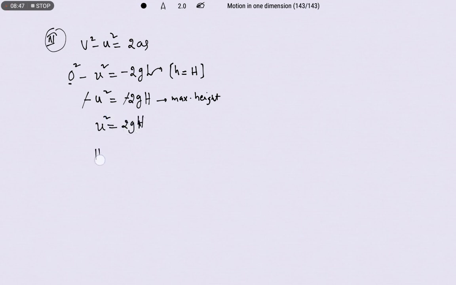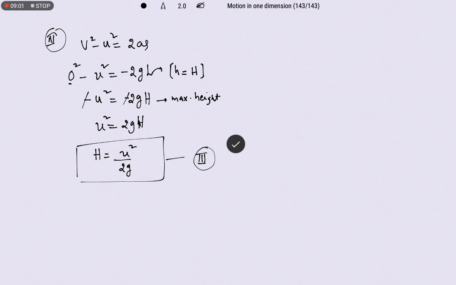Therefore the maximum height reached by an object when it is thrown in the vertically upward direction, H equals u square by 2g. So now from this again we can analyze some important points here. If we observe that equation carefully, H is directly proportional to u square.